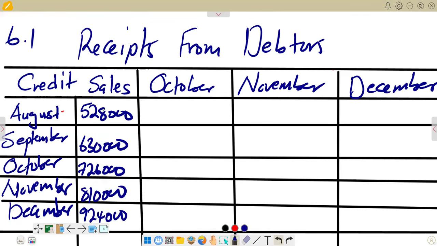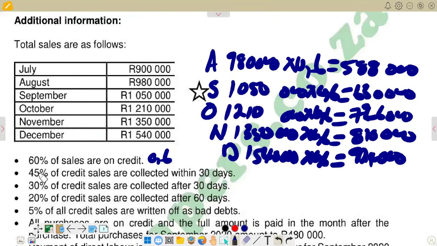So out of these credit sales, that's when we apply the apportionment that we are given: of the credit sales that we've calculated, 45% are collected within 30 days, which means in that month. And then 30% after 30 days, which means the following month, that's when we receive the money for those sales. Then 20% are collected after 60 days, after 2 months.